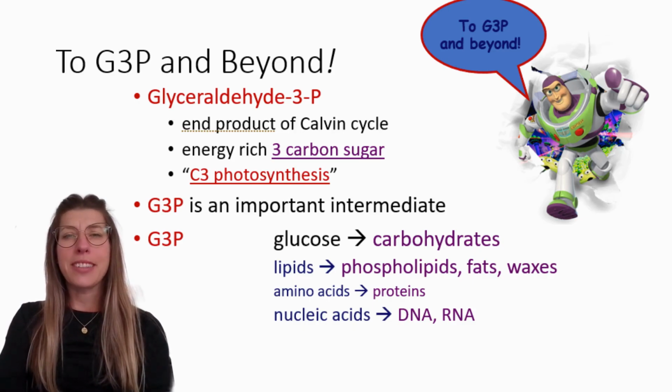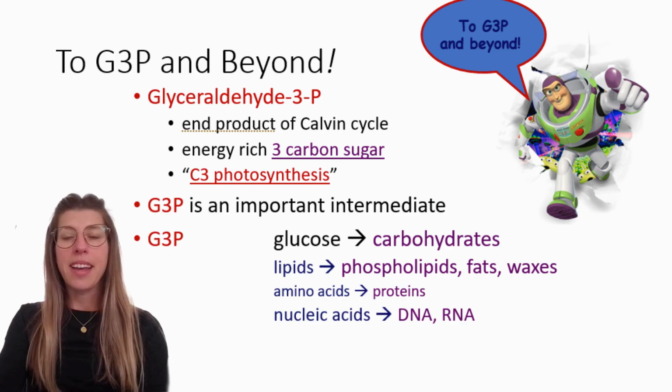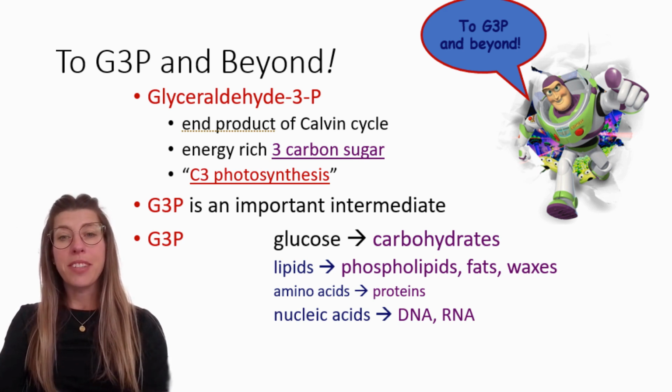It can create fats, it can create waxes, amino acids as well, which can create proteins, nucleic acids that can create DNA and RNA. So G3P is a very, very important compound. Not only does it make that really important compound of glucose, but it can generate many other different macromolecules required for that plant to sustain all of its living functions.